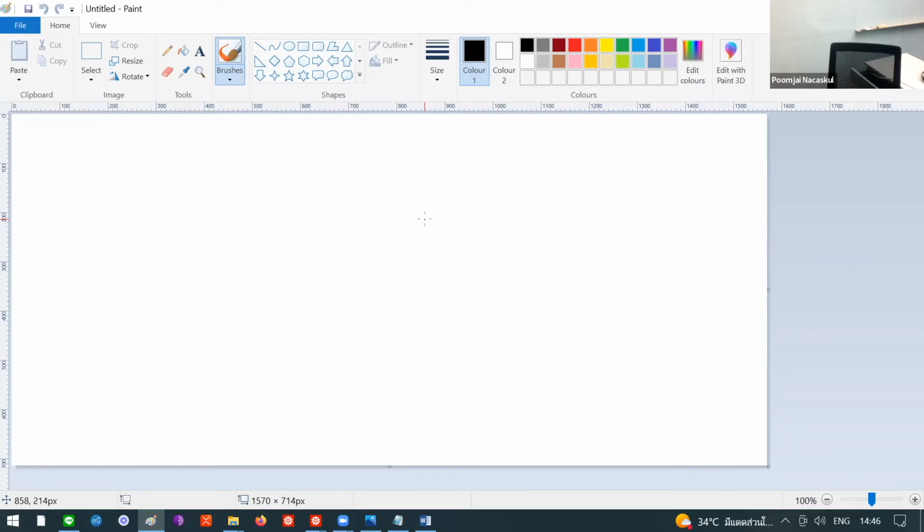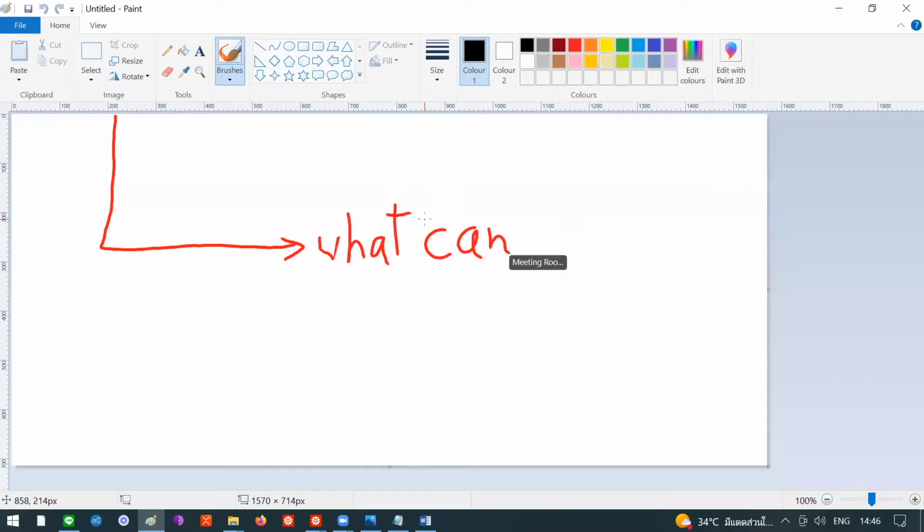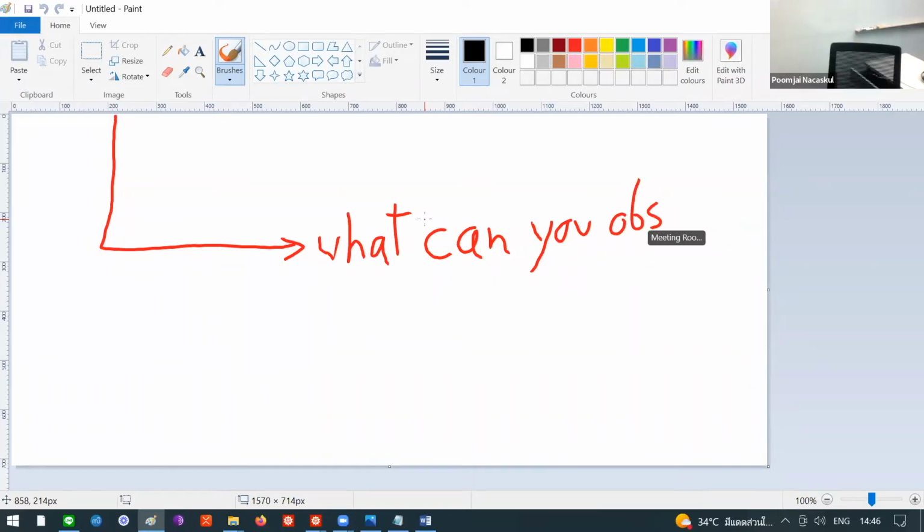Now this is what I want you to memorize for the rest of your life. This here is what you can observe, or what you can see. Just now, it's 0 and 1, because you can't see anything else.